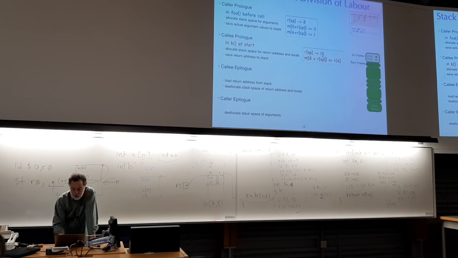Call the callee's prologue, this is in B, subtract 12, and store the return address. That makes this happen. And then at the very end, restore the return address, deallocate that part of the activation frame, minus 12 plus 12, and then back in the caller, add 8, undoing that.